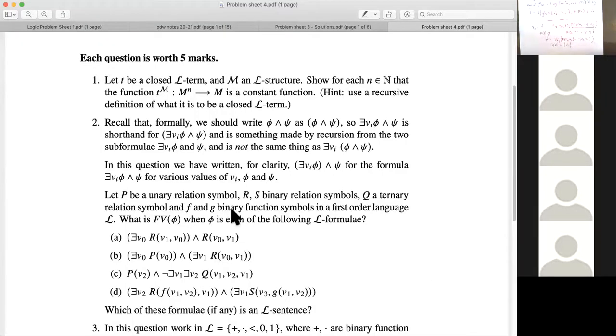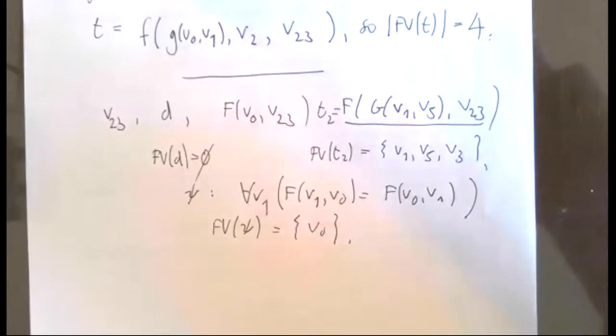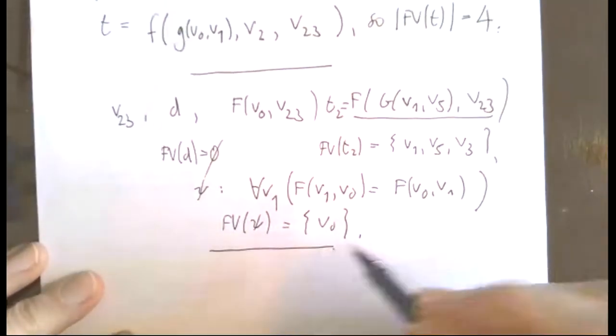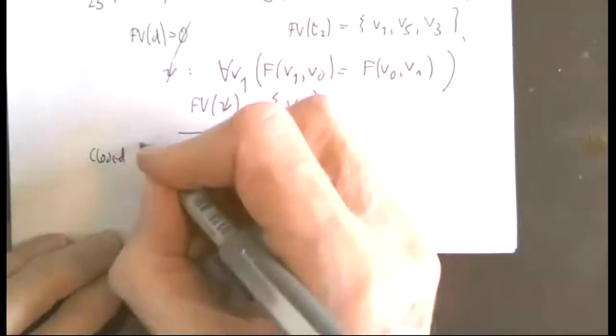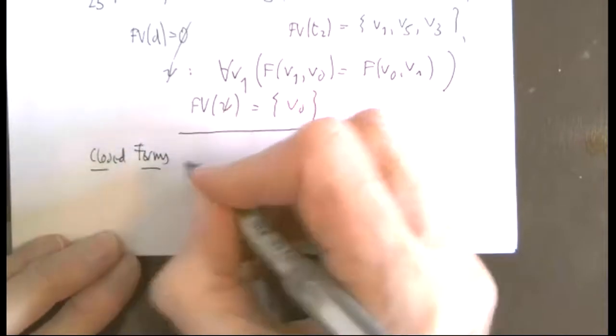So trying to work out what to say here about that question. The point is that T being a closed term means basically it's got no variables in it, right? So a typical closed term is D, a constant, right?